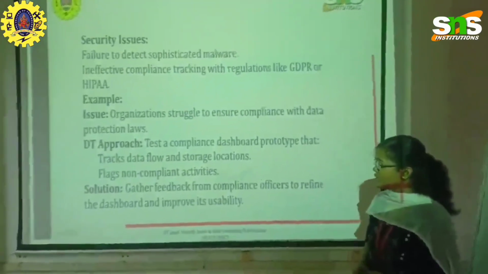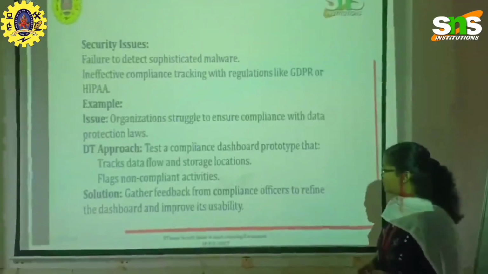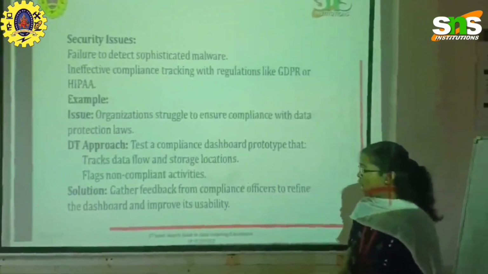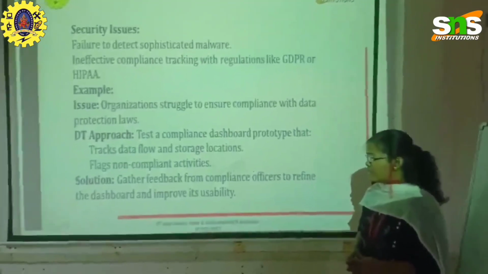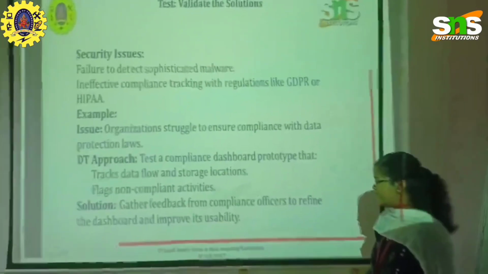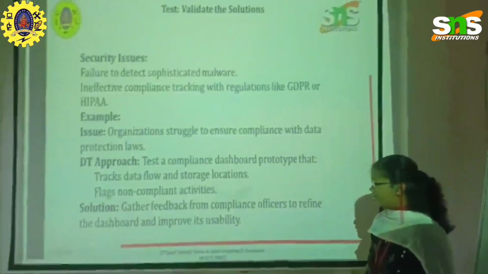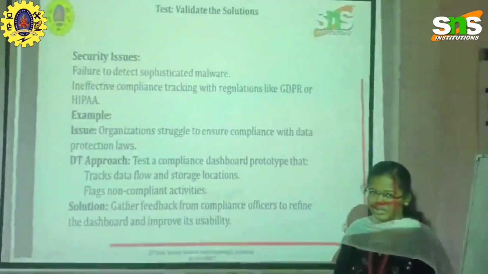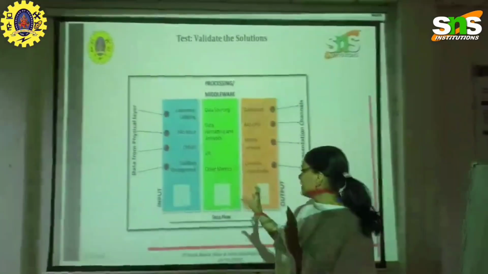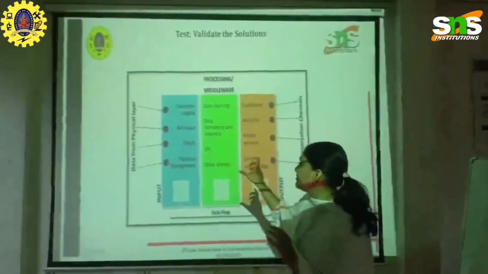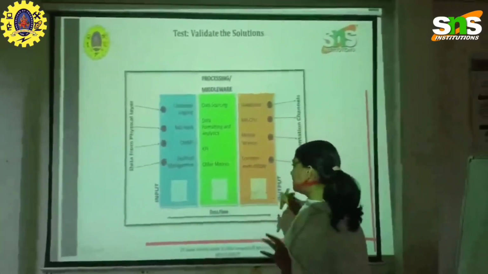DT approach: test a compliance dashboard prototype that tracks data flow and storage locations and flags non-compliant activities. Solution: gather feedback from compliance officers to refine the dashboard and improve its usability. In validating the solutions, there are three layers of data, which are input data and output.